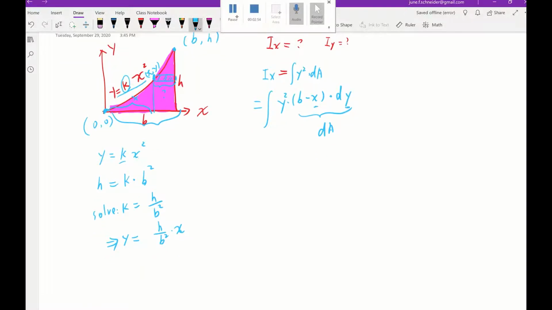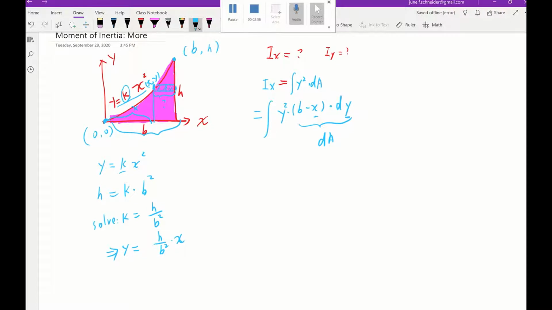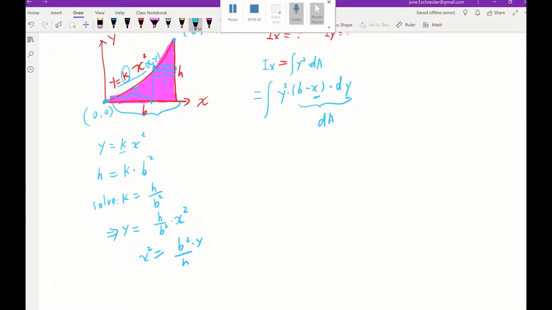Then what we're trying to solve is x. Our x squared will be equal to b squared y over h. Oh, sorry, this is squared, my bad. So x squared equals that. Then we take a square root.